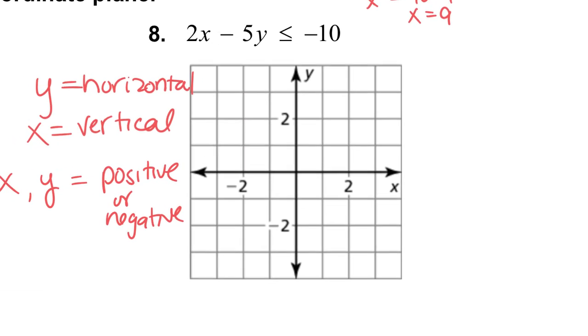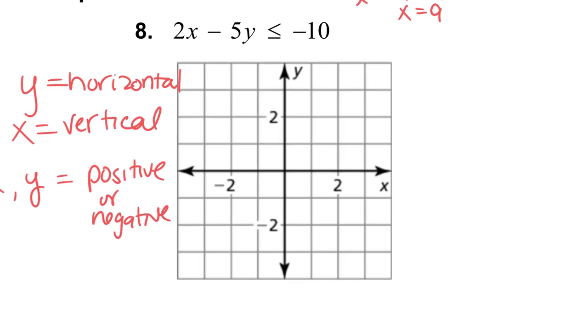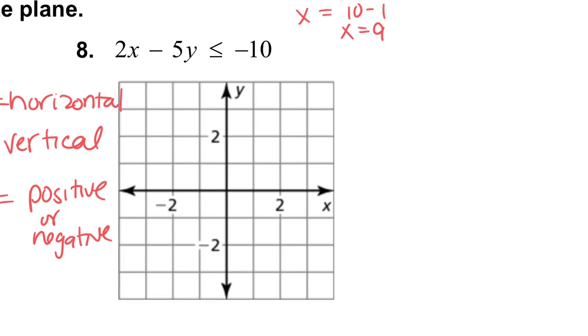Number 8, we're going to have 2x minus 5y is less than or equal to negative 10. First thing I'm going to do is put this equation in slope-intercept form. If I move over my 2x across, I'm going to have negative 5y is less than or equal to negative 2x minus 10.